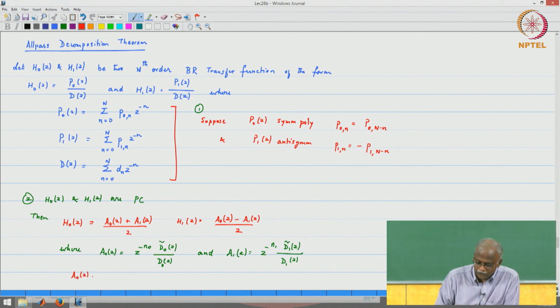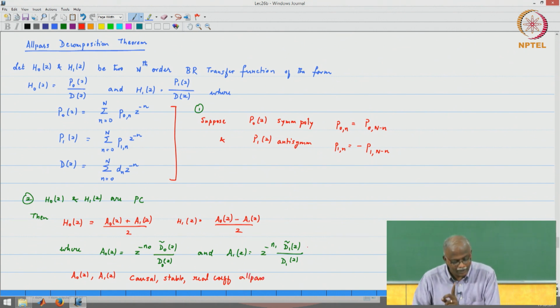A0(z) and A1(z) are causal, stable, real-coefficient all-pass functions, and the condition is that the overall order of the filter comes out to be N0 plus N1.